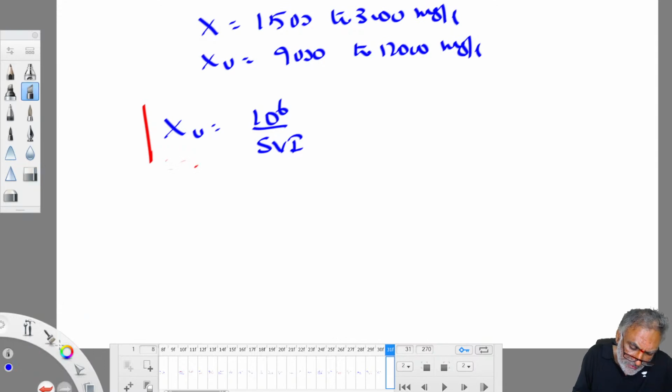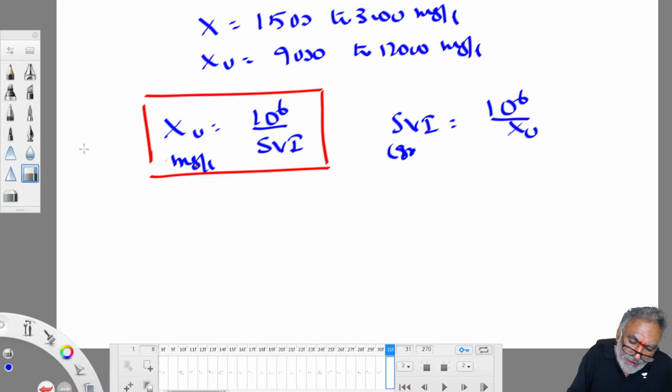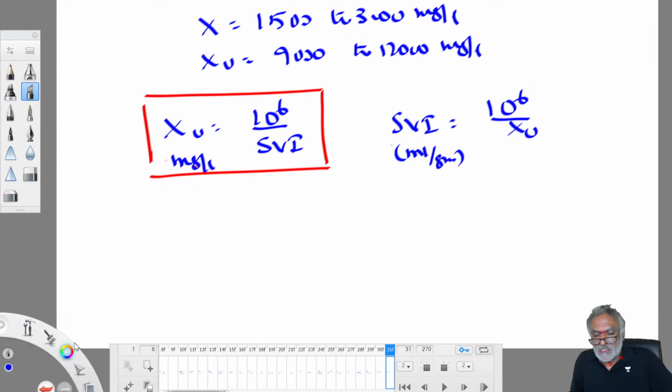Similarly, you can work out sludge volume index by using 10 power 6 by XU, which gives ml per gram. That way also you can do it. So these are the equations which you need to remember.